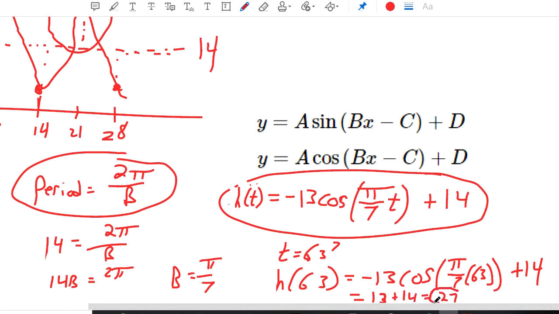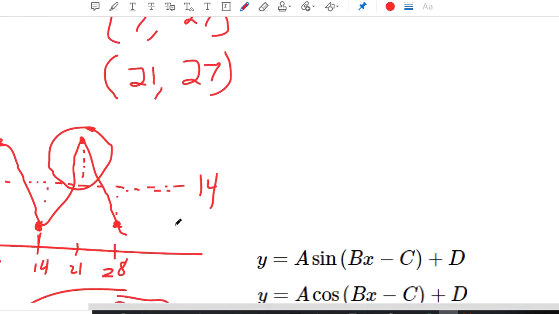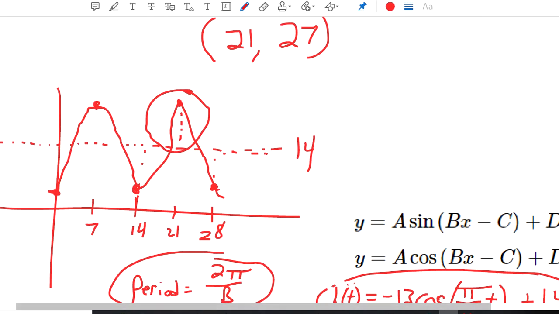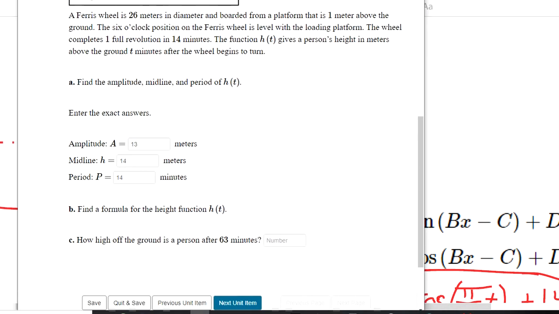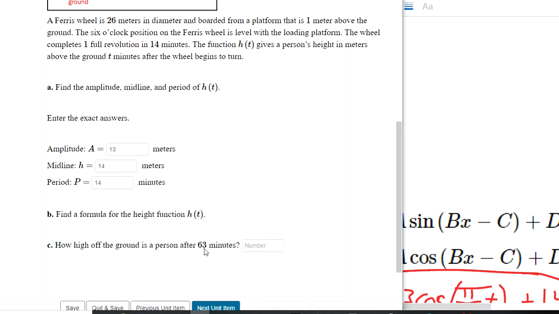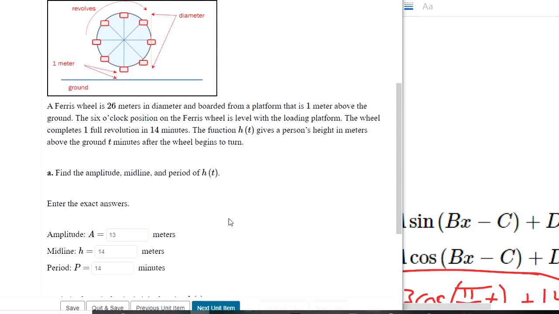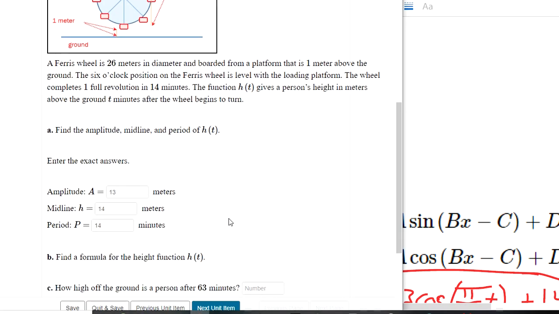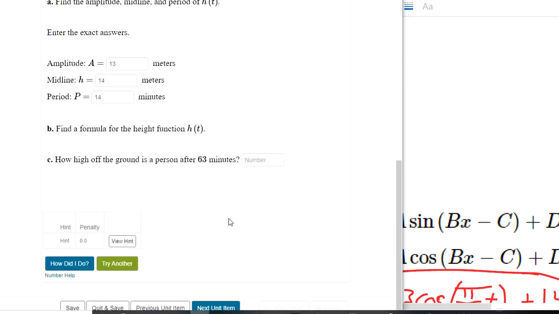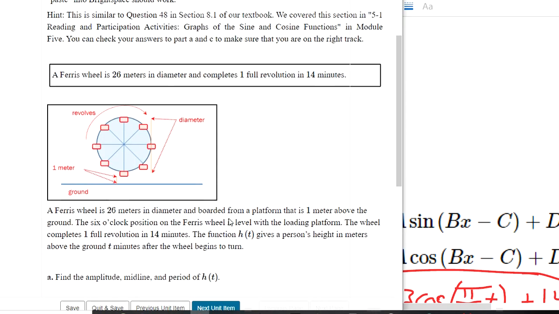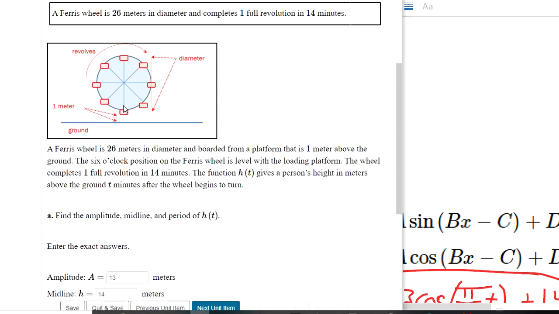So according to my function, we should be at the top of our rotation. Let's check to see if that makes sense with my word problem. I plugged 63 into my function. It gave me 27 for a height. So 63 minutes.